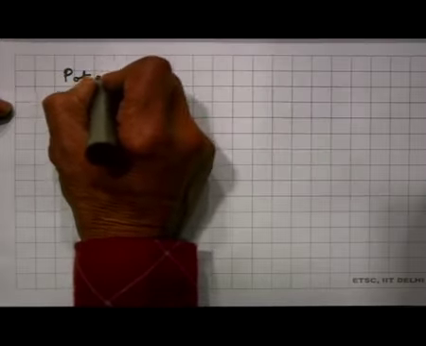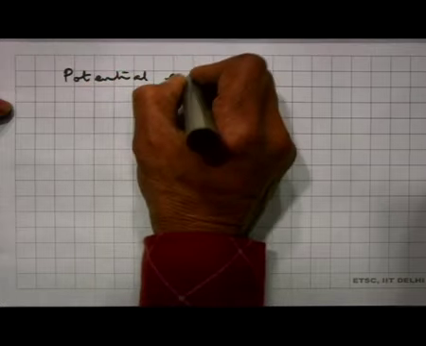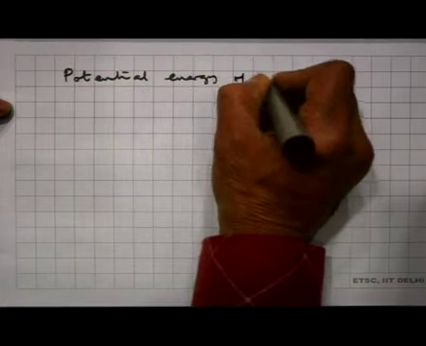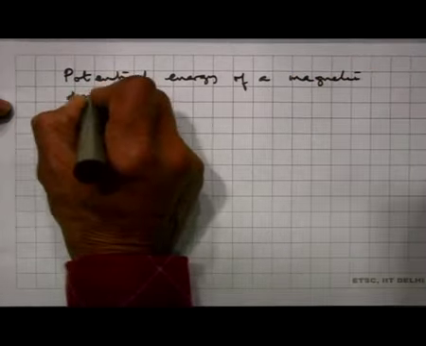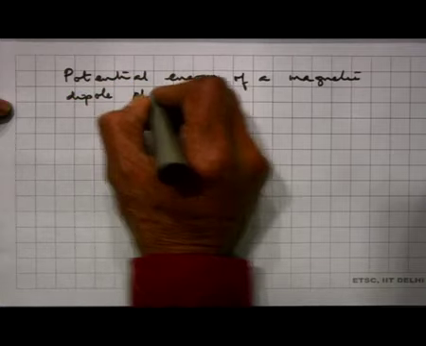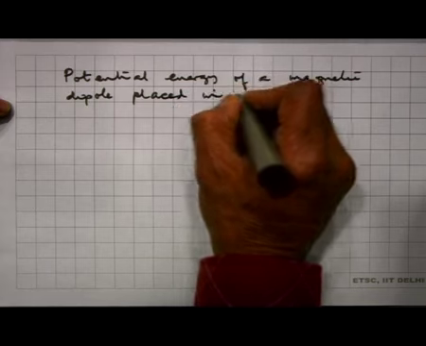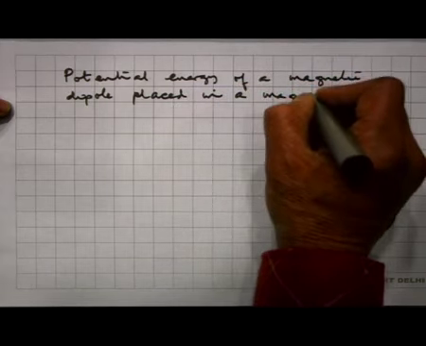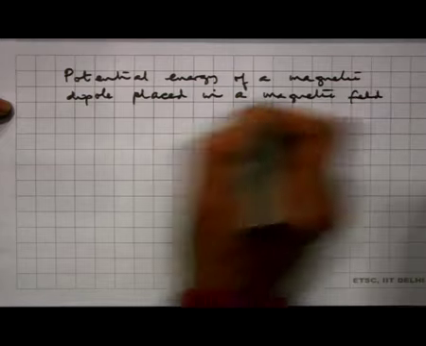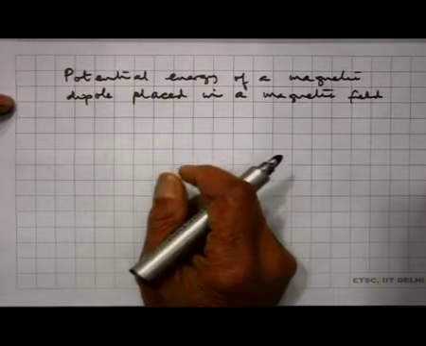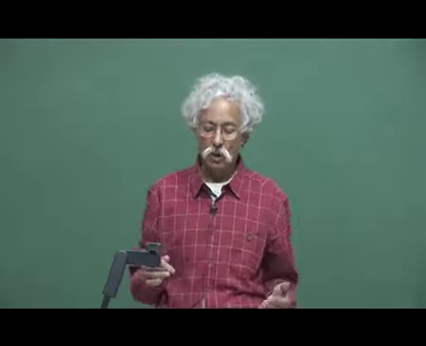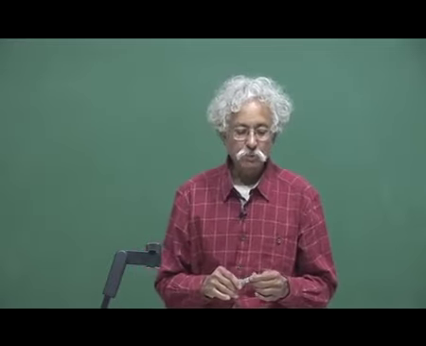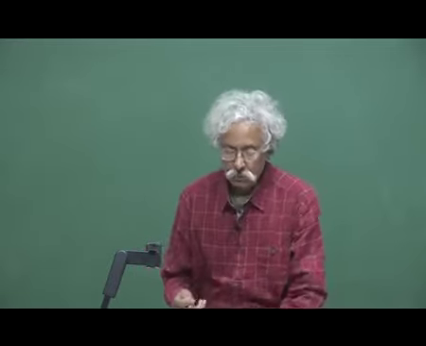So, I want to calculate the potential energy of a magnetic dipole placed in the magnetic field. When a magnetic dipole changes its orientation because of a torque, it changes its potential energy. So, I want to calculate this potential energy change.